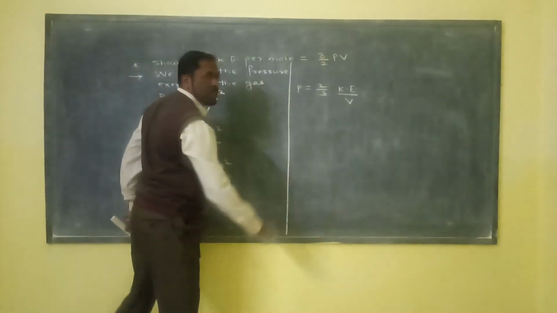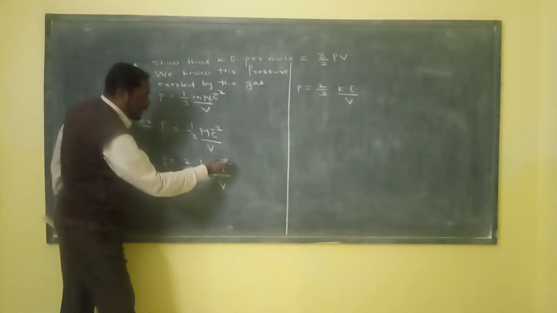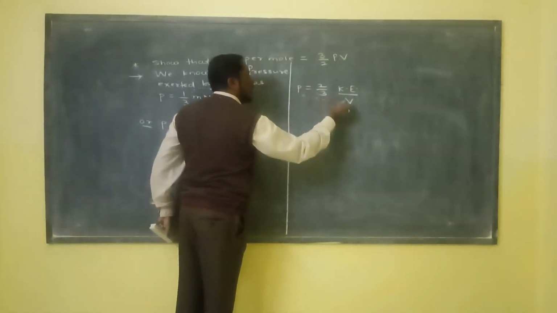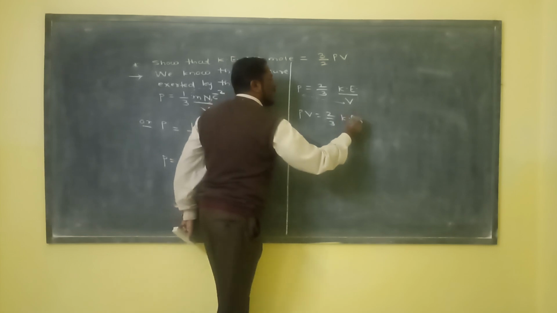In the question, PV is there. So P is equal to 2/3 kinetic energy upon V, multiplied by V. So we get PV is equal to 2/3 kinetic energy.